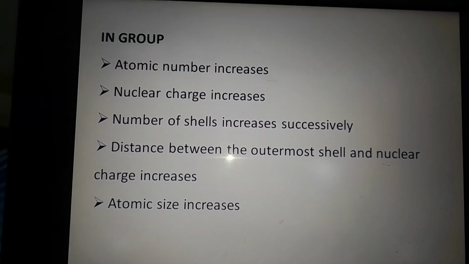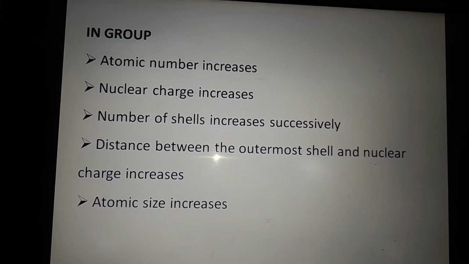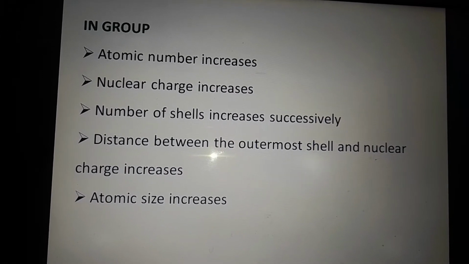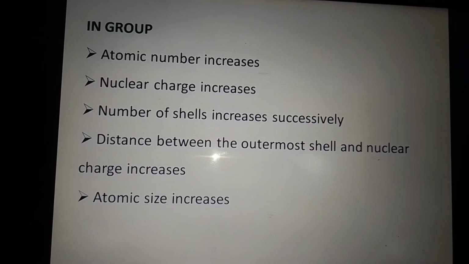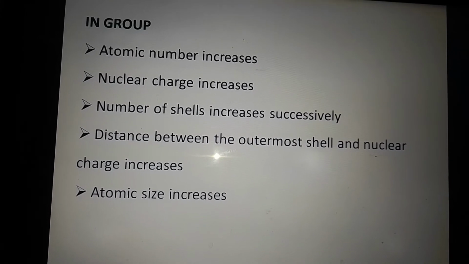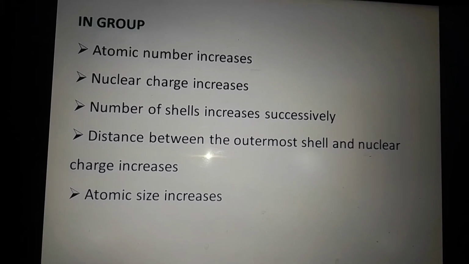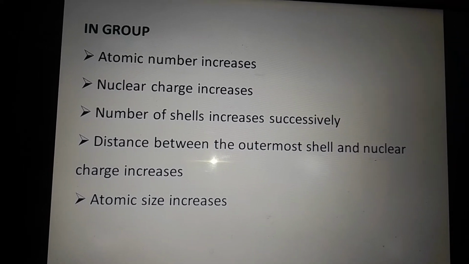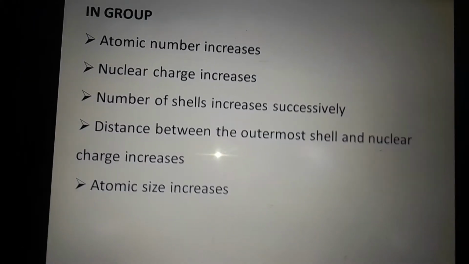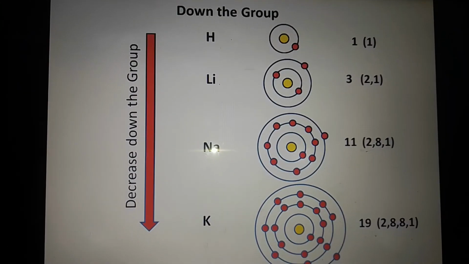As the atomic number increases, nuclear charge also increases, and the distance between the outermost shell and nucleus also changes. As the nuclear charge increases, atomic size also increases. Means when we go down the group, atomic size or atomic radius increases.